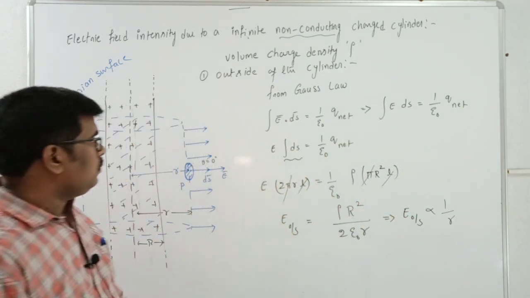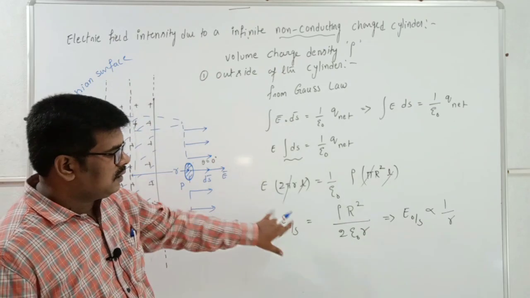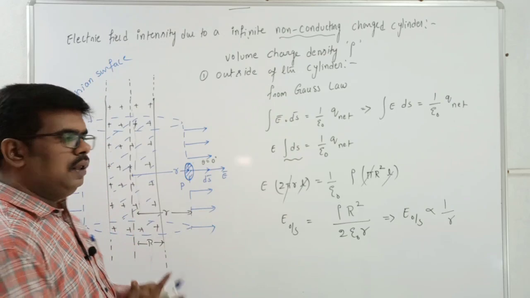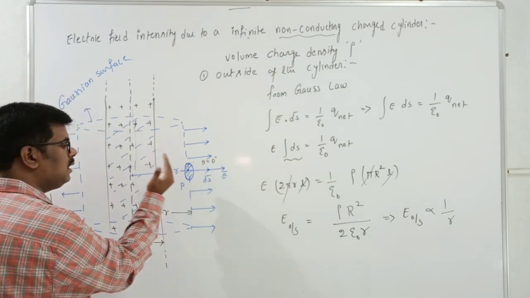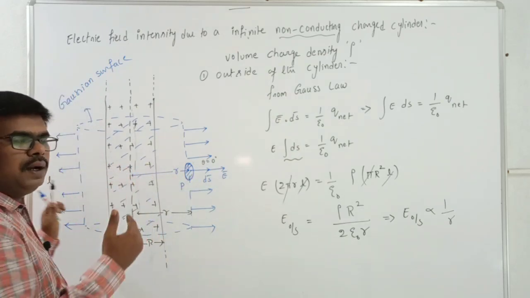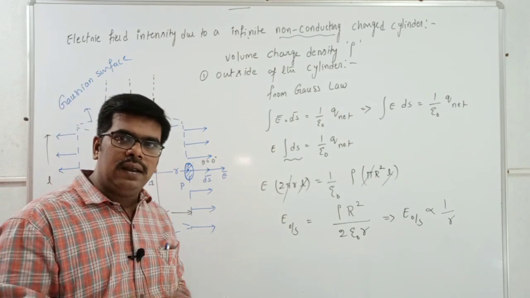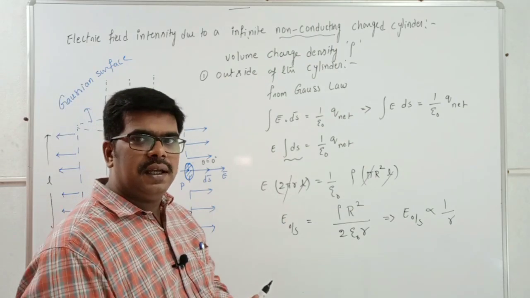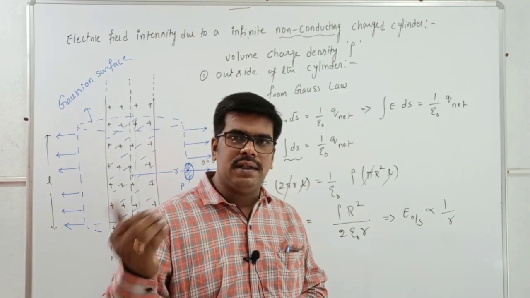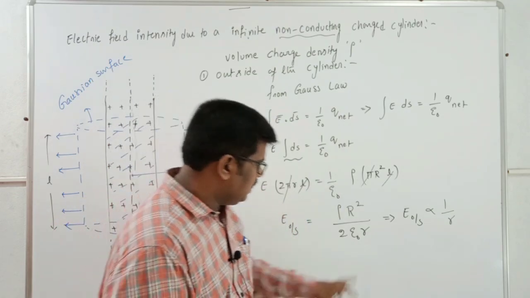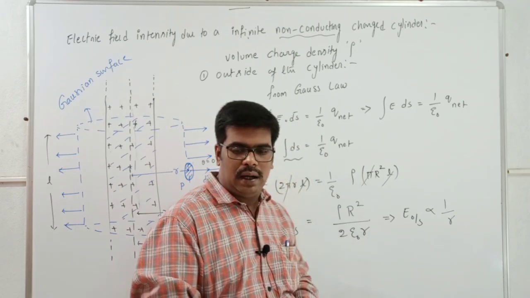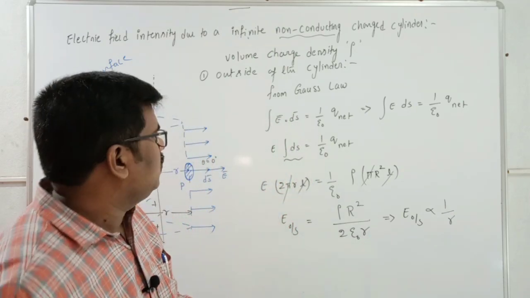Now we discussed the electric field intensity outside. The same point, if you place it over the surface, is nothing but the electric field intensity on the surface case. What you need to change to determine the electric field intensity on the surface is, just in place of small r, write capital R. So that we will be doing here.